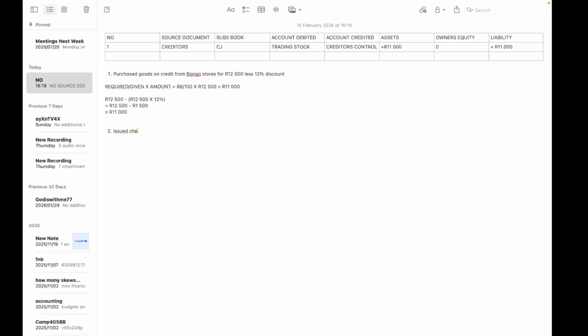Issued check to Bango stores within 30 days to settle the amount owing, and then they say refer to transaction 1.